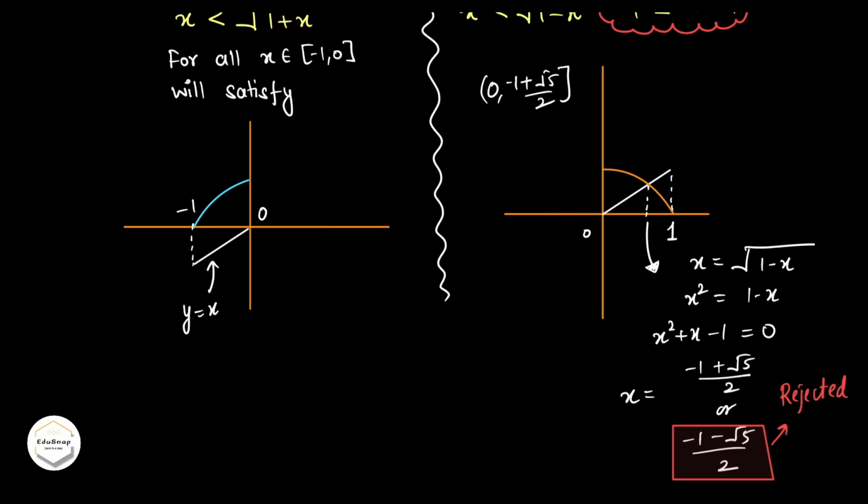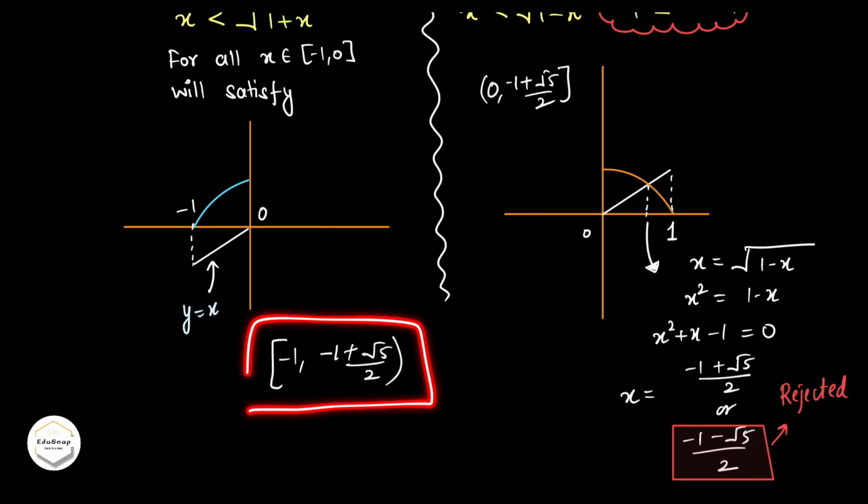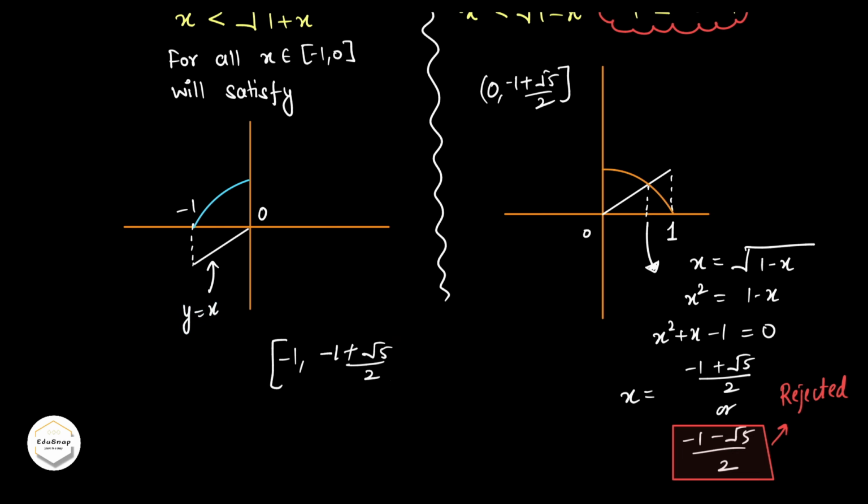So we will not consider this equality. We will consider only the open interval. Now let's take the union of these two. What we will get is this one. So this is going to be the final answer here.